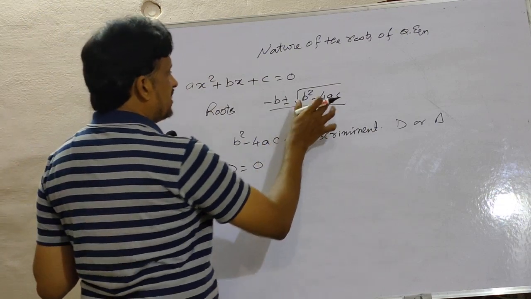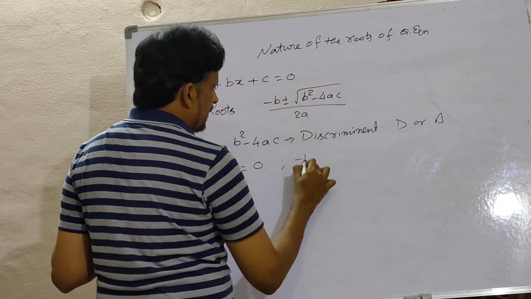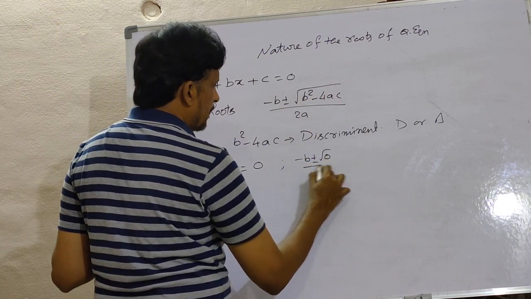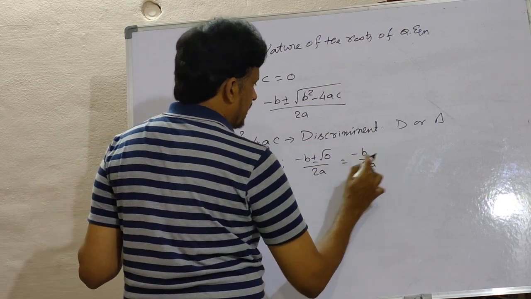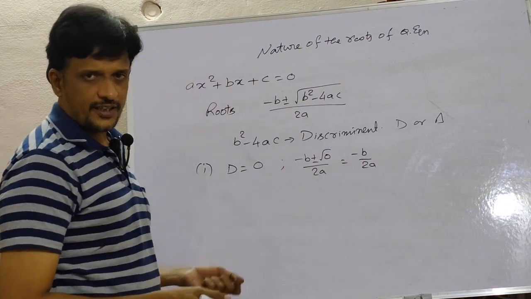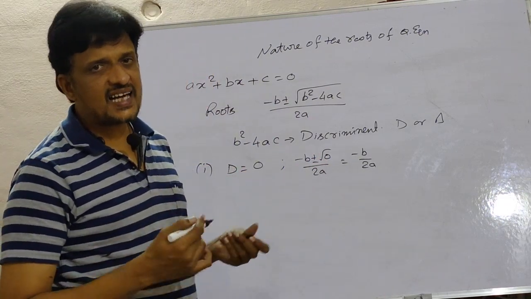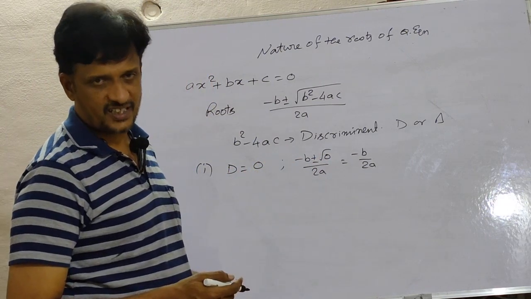Here b square minus 4ac is 0, so the roots will be minus b plus or minus root 0 by 2a. That means minus b by 2a only. Root 0 is 0. Plus or minus 0, either by adding or subtracting this 0, you cannot make any change in the value of minus b.